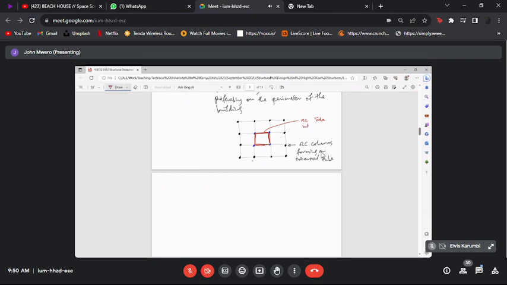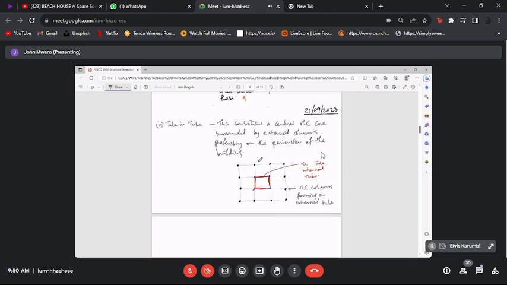Internal tube. So you have that core, and then there's a ring of columns, so it forms something like a tube in tube. That's why it's referred to as a tube in tube.